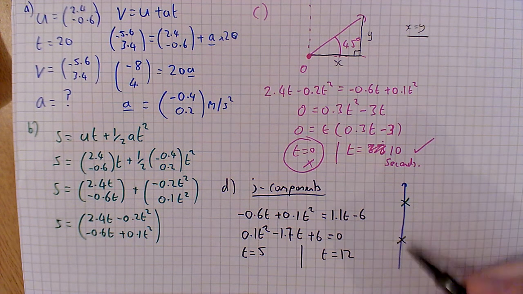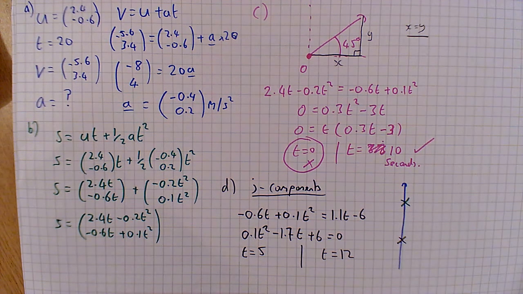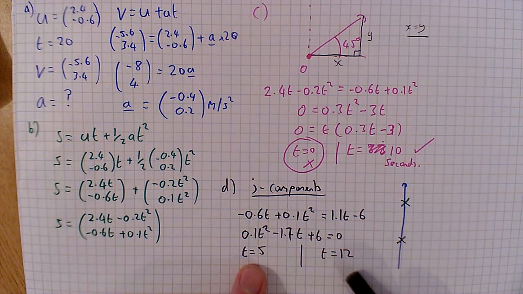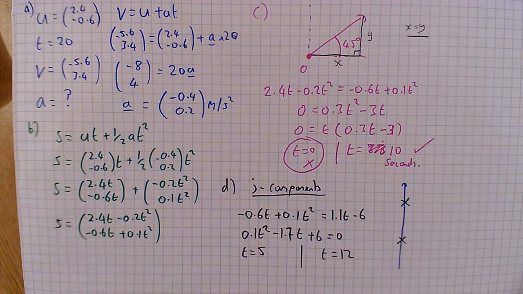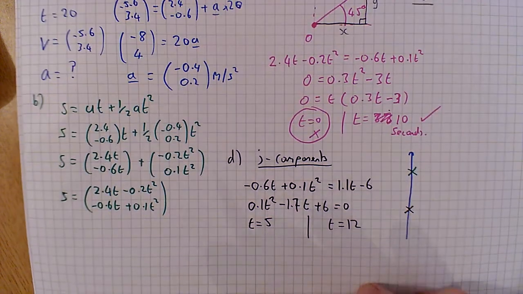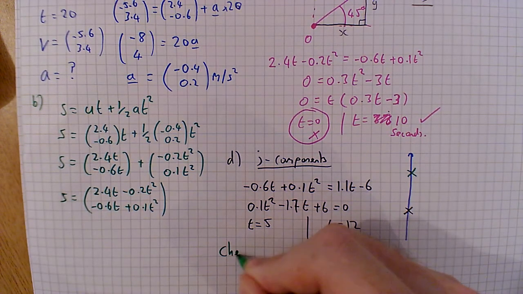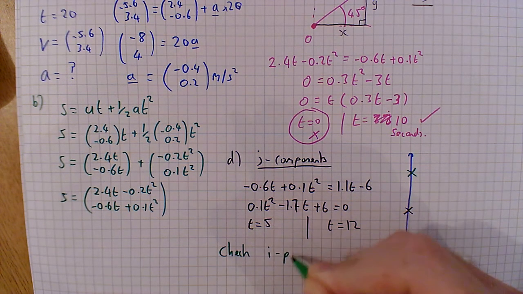They would have the same j component, but they certainly wouldn't be intersecting. So what we need to do with those two values is see where they are in the i direction at that point. We've already said the second skater has no i direction, so we need to check the i position of skater 1.